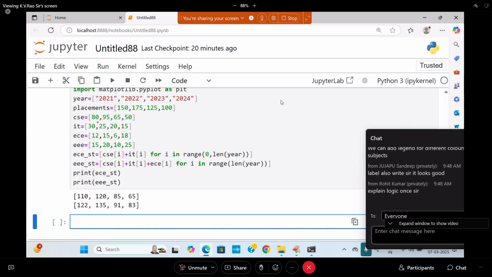So 80 plus 30 is 110. On top of it, the ECE values will come. These values are added here. Ready? And next, 80 plus 30 plus 12 is going to be the triple E start. Is it clear? 80 plus 30 is 110, and 110 plus 12 is 122.